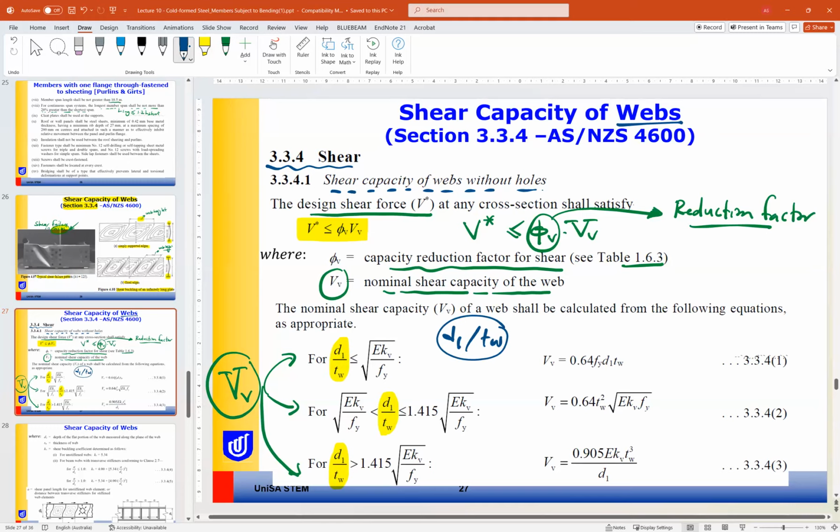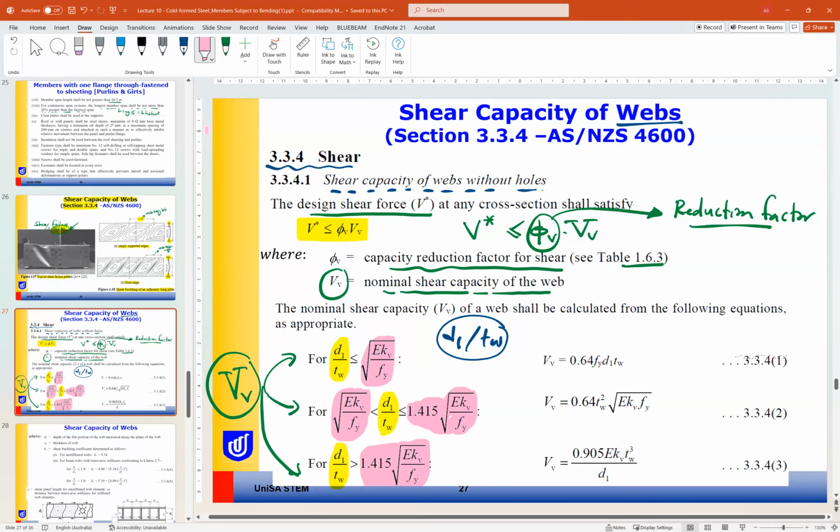D1 is the clear web height and TW is the web thickness. We compare this to these limits: the root of E multiplied by KV divided by F yield, and 1.45 times this root.